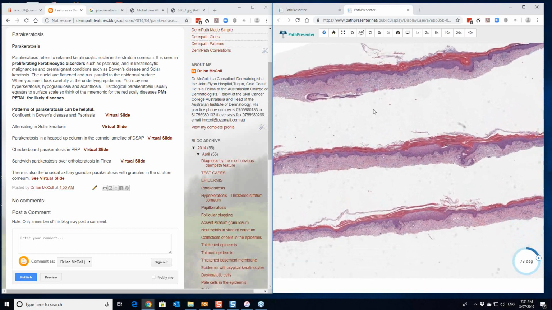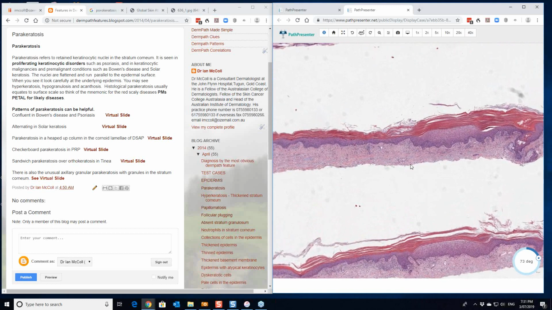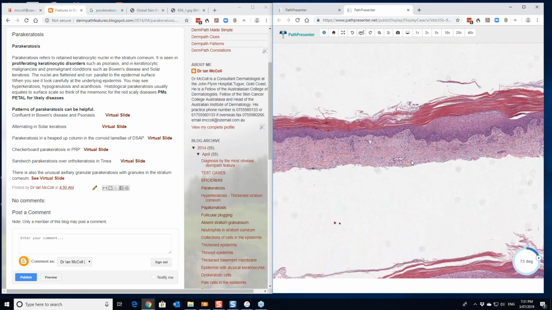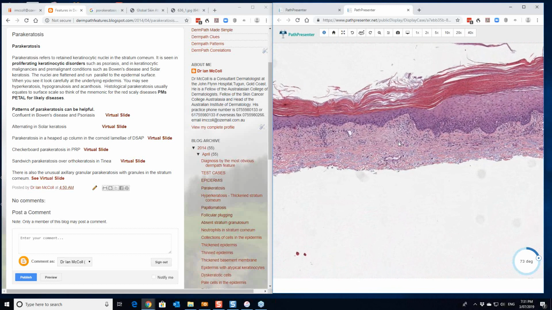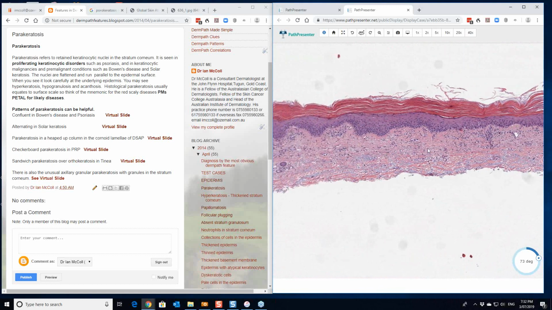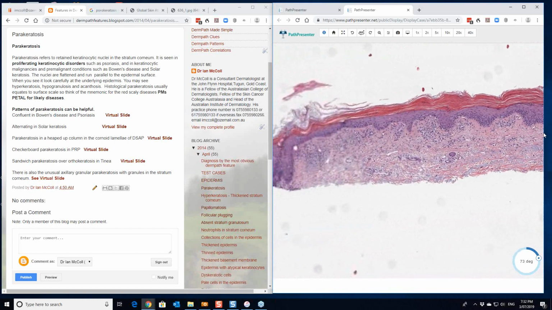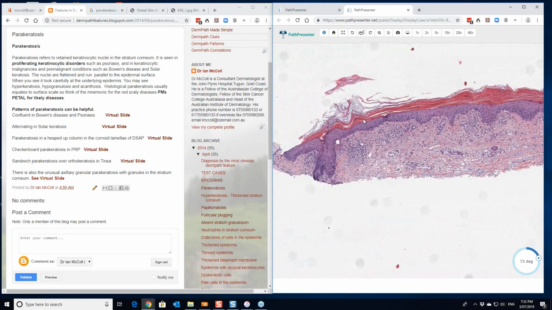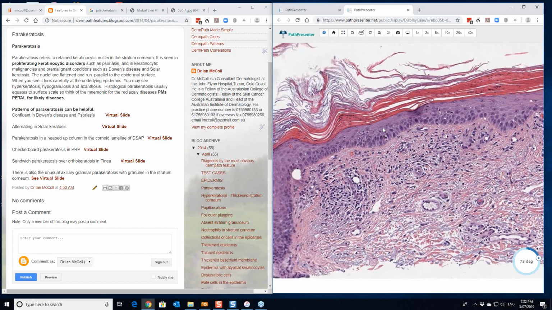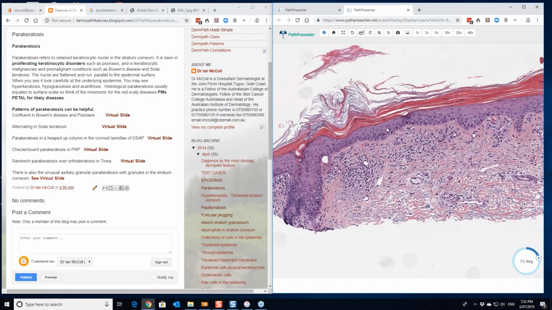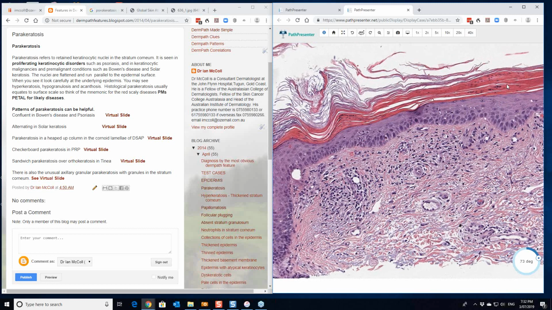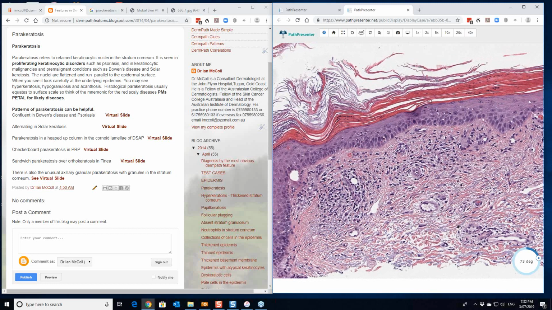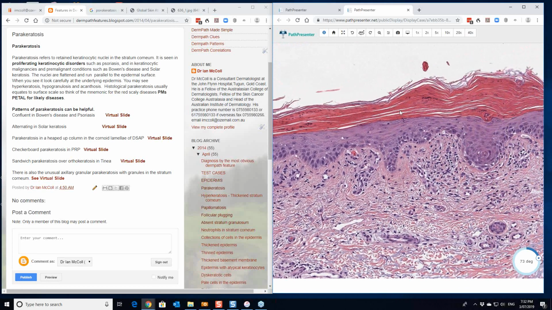Perhaps have a look at this one here. Now, there's certainly parakeratosis there, a little bit of orthokeratosis there as far as vertical and horizontal goes.